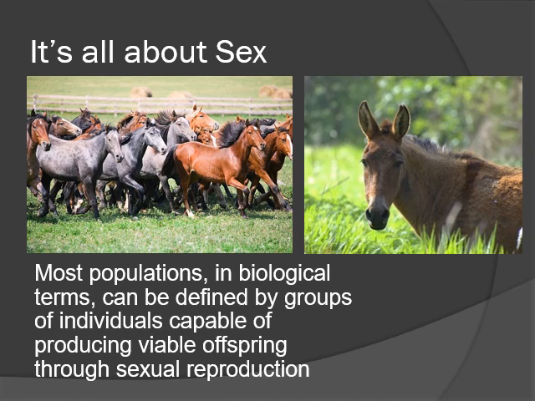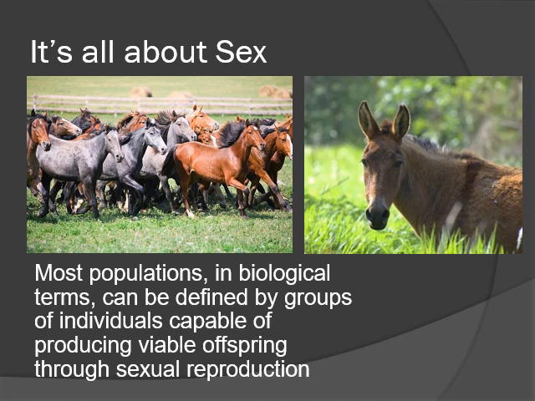Most populations, in biological terms, are defined by who they can mate with, creating viable offspring through sexual reproduction. This is a herd of horses, not trying to trick you. They can all mate with each other. What do horses produce when they mate with each other? Horses. A horse makes a horse makes a horse.